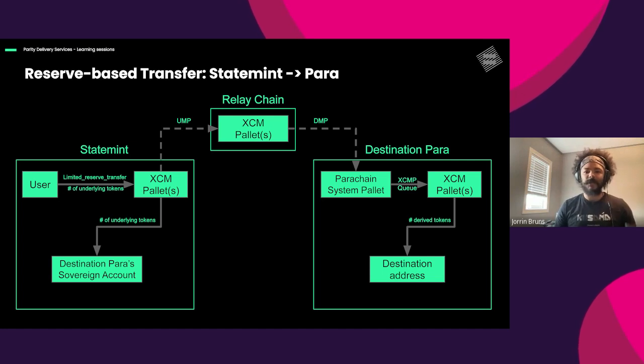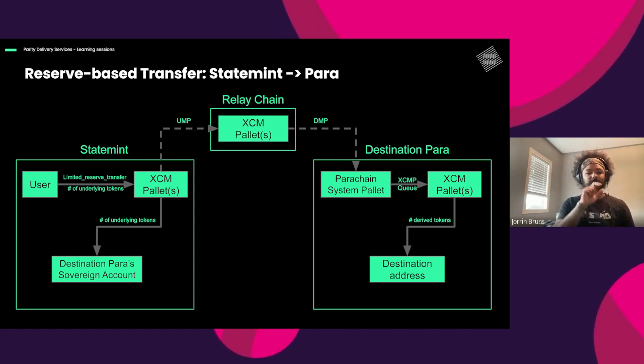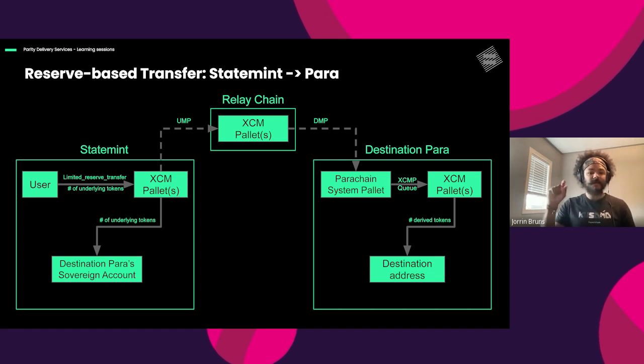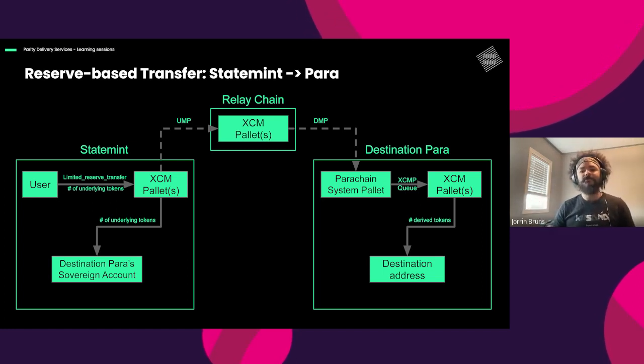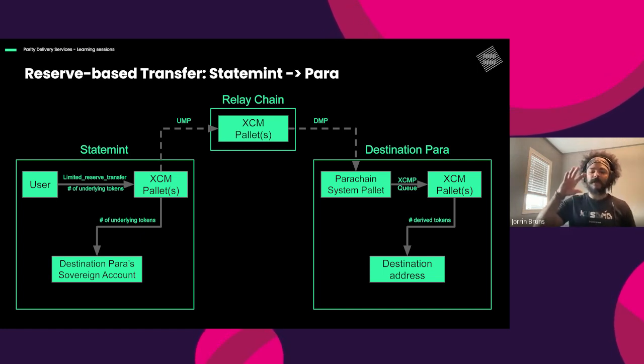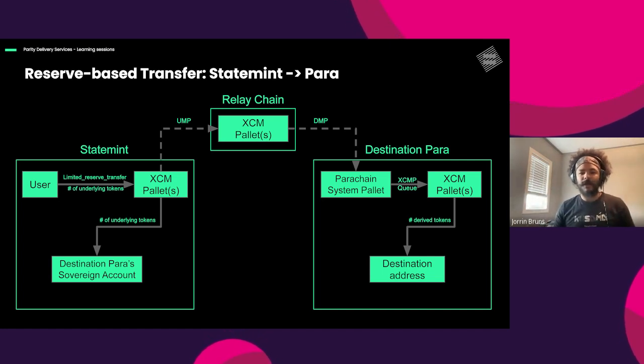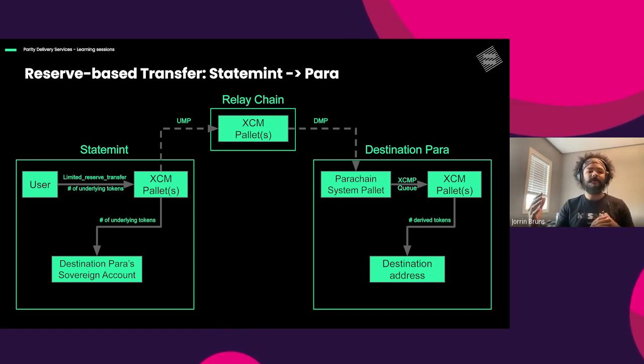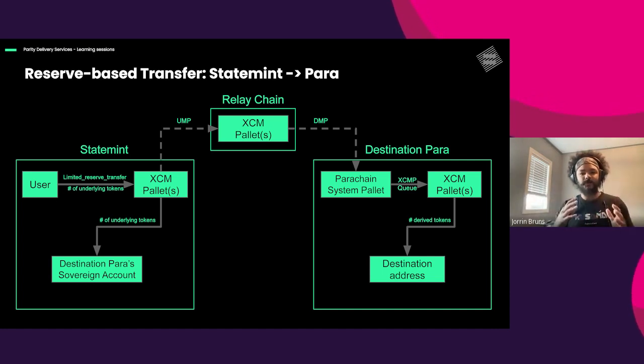So destination parachain A and destination parachain B would both have a sovereign account on Statemint, and the tokens would transfer first from parachain A's sovereign account to parachain B's, and then the derived tokens on parachain A would be burned, and the derived tokens on parachain B would be minted. It would be created, and that's how we keep account of where the real tokens are. They're always on Statemint, and then where the derived tokens are in relation to those.